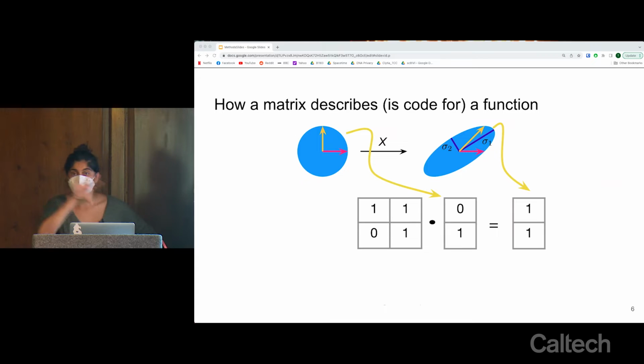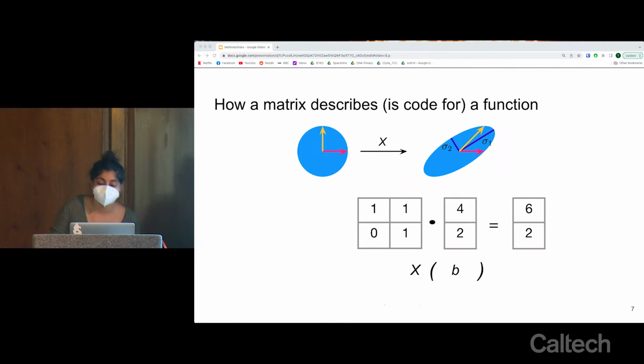It's applying some map, in this case a linear map, and this is called a shearing transformation. If you just remove the 0, it would just rotate it. So basically it's applying some transformation to this vector, and the idea is to think about it as this function approach. So it's X on some B gives you some output.